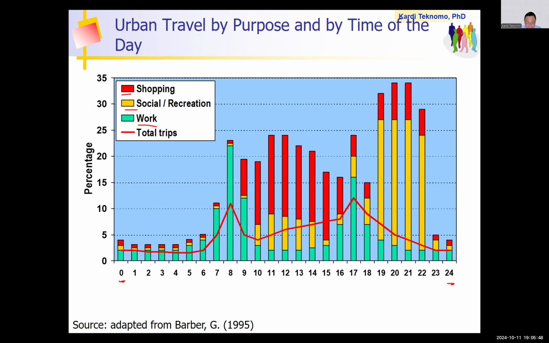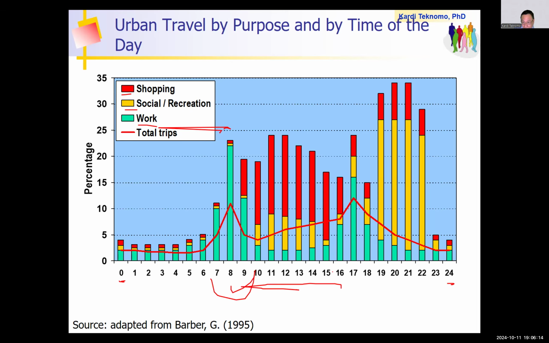Some people still shop in the night, but the majority of the shop trips is during this time, between 9 to 16. And the majority of the work is between about 7 to 9. Is that correct? So you see the green part here.